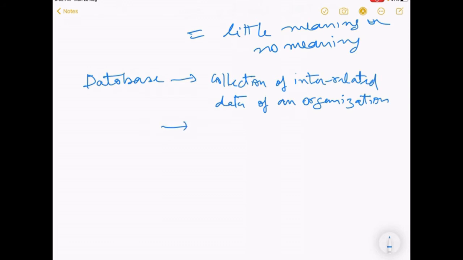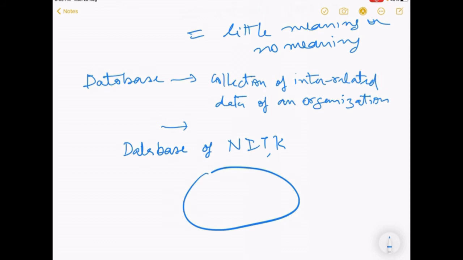For example, when I say database of this NIT Kurukshetra, here we have data about students, data about teachers, data about accounts, data about the academic section, student records, examination, etc. And you see all these data are related to each other.